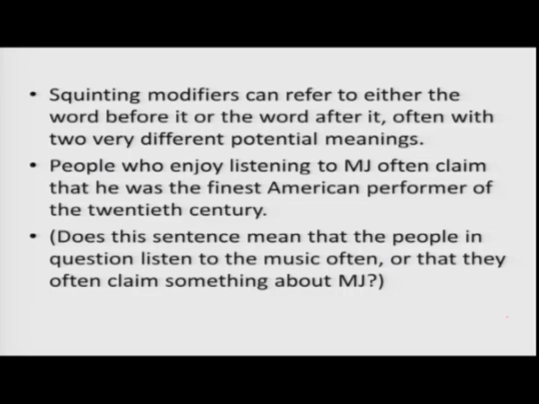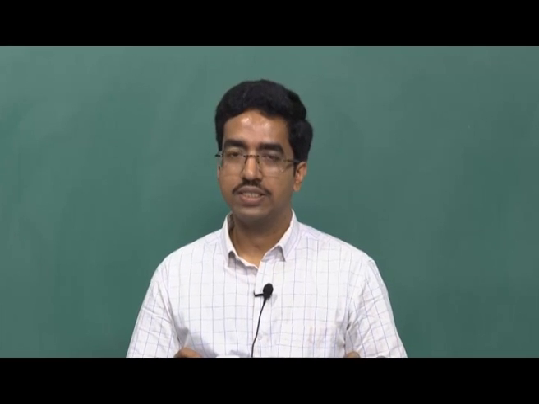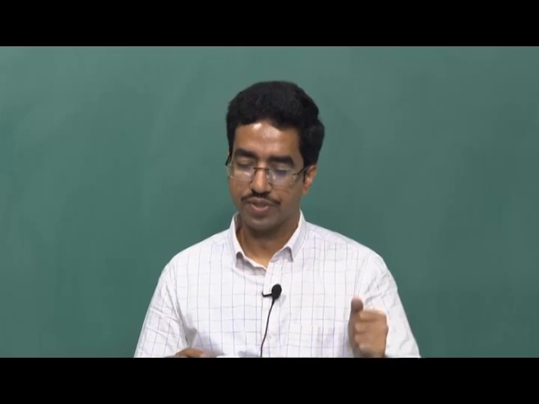The next issue is squinting modifiers. Squinting modifiers means you have a modifier there, but it leads to an ambiguous interpretation because it can modify more than one element in the sentence.